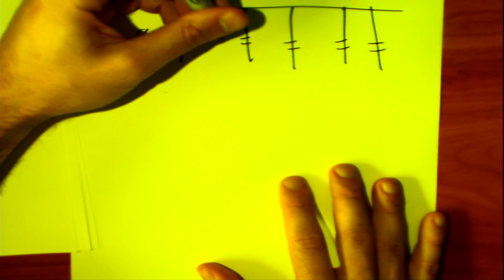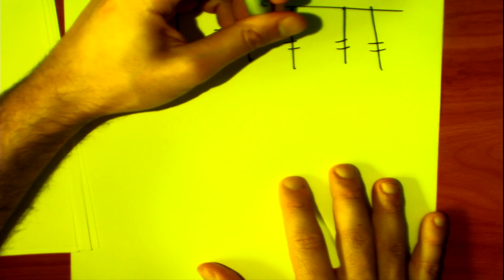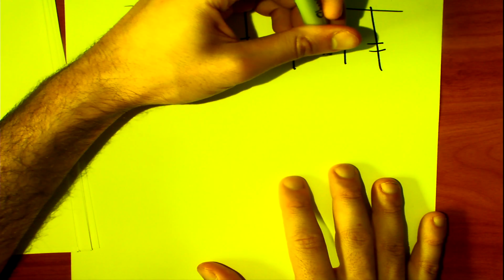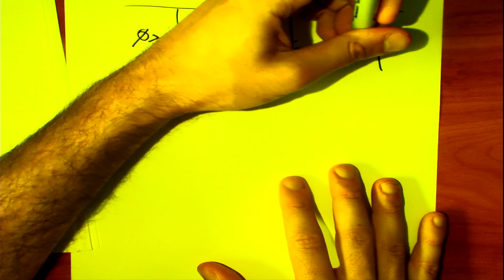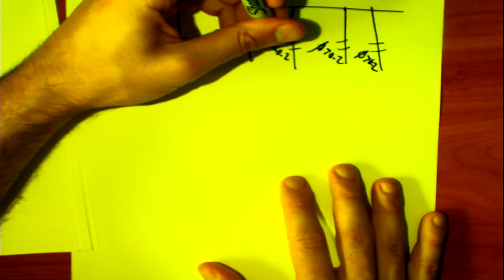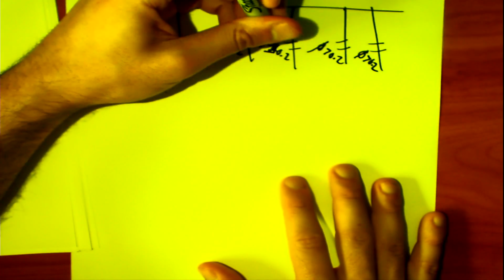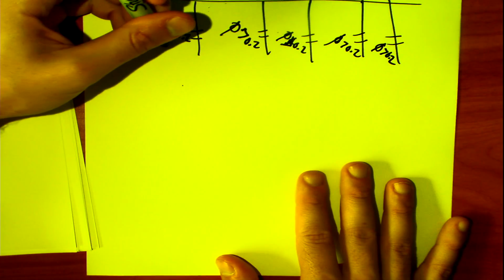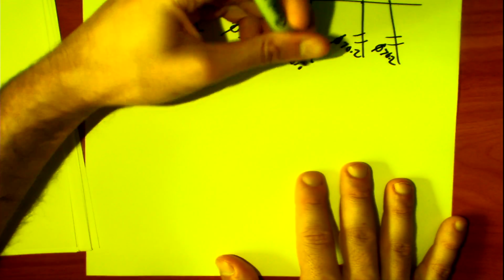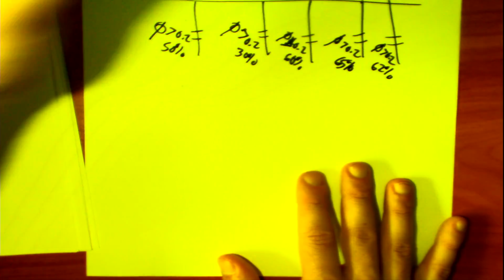Following that across: greater than 0.2, less than 0.2, greater than 0.2, greater than 0.2, greater than 0.2. And here it's for 50% of the formation, here it's for 30% of the formation, here it's for 60%, 65% of the formation here, 62% of the formation there.